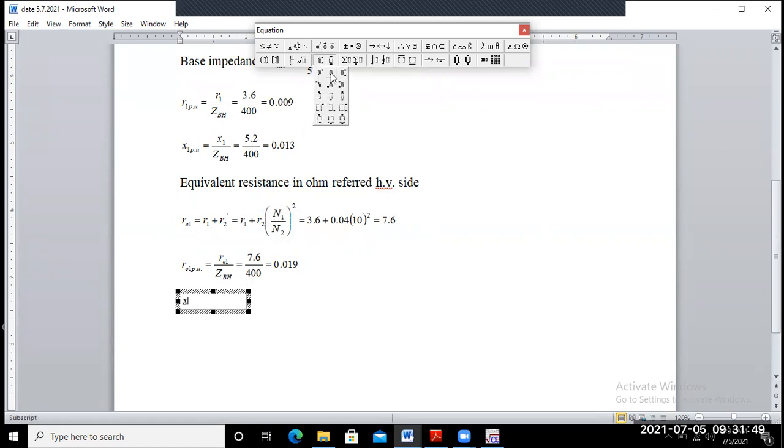So Xe1 equals the equivalent leakage reactance, X1 plus X2 dash, divided by base impedance.